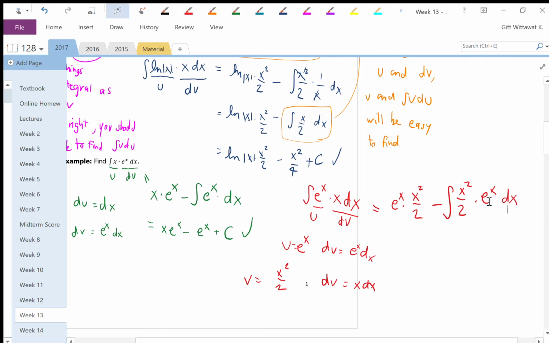Now I run into a problem because I try to find the integral of e to the x times x dx, but after using integration by parts, I run into x squared times e to the x dx. So that means I'm actually getting a harder question.